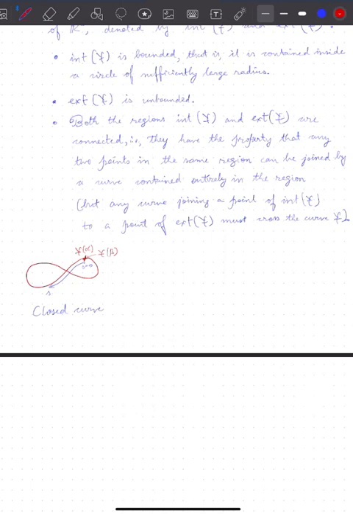However, what we notice here is that there is a self-intersection. So this is a self-intersection.